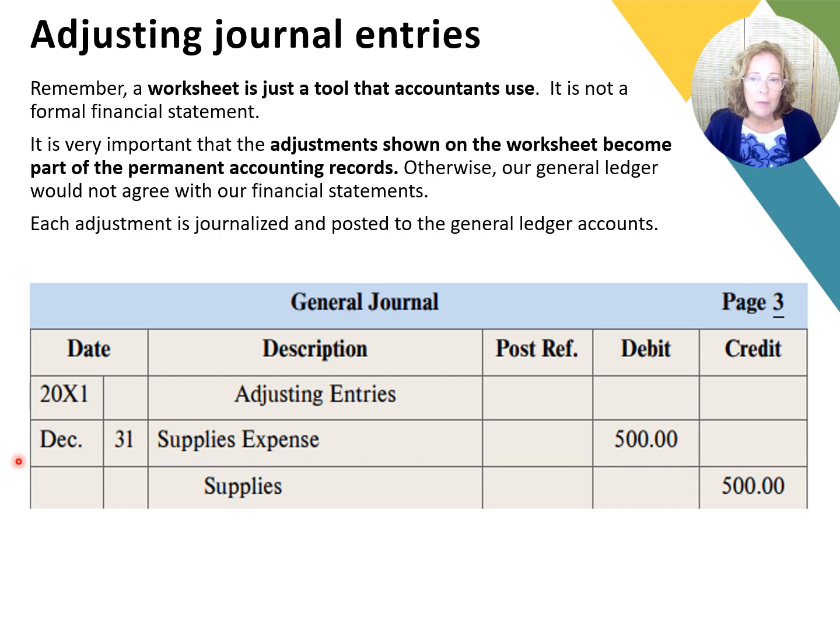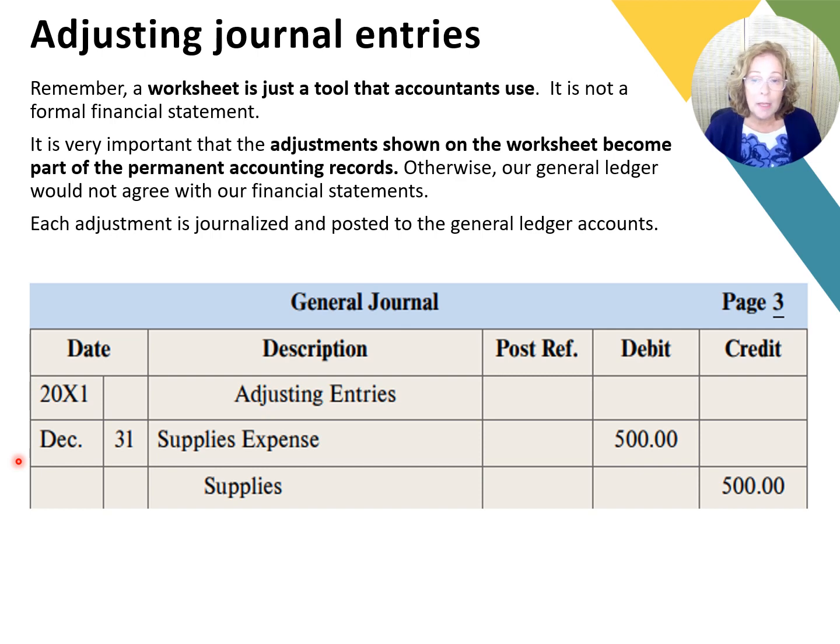Do you recall the first adjustment we made? We recorded that $500 in supplies had been used up in the month of December and wrote $500 into the debit column for the supplies expense account on the worksheet, and a credit of $500 into the credit column of the supplies account.